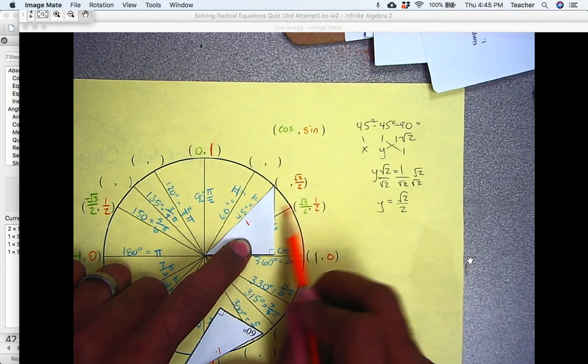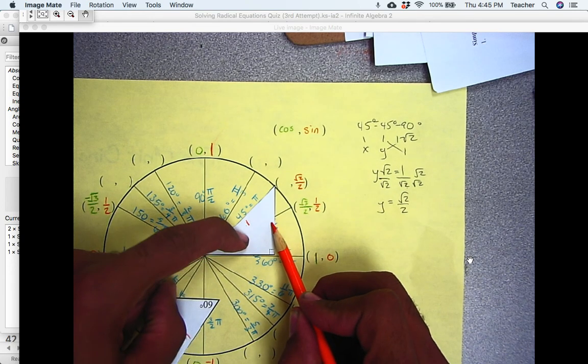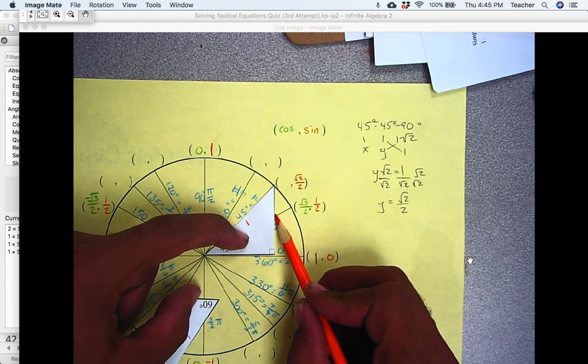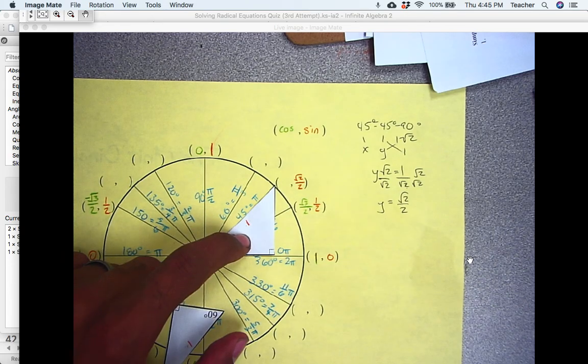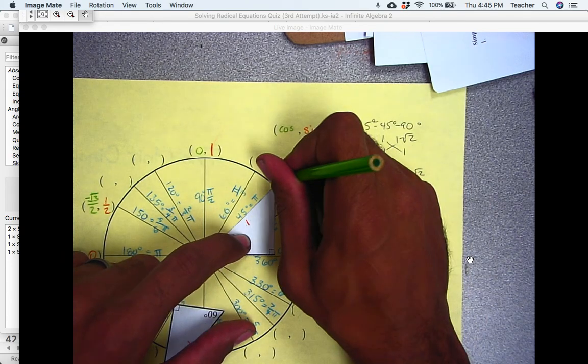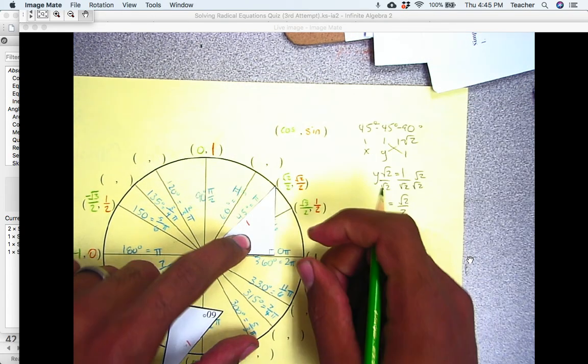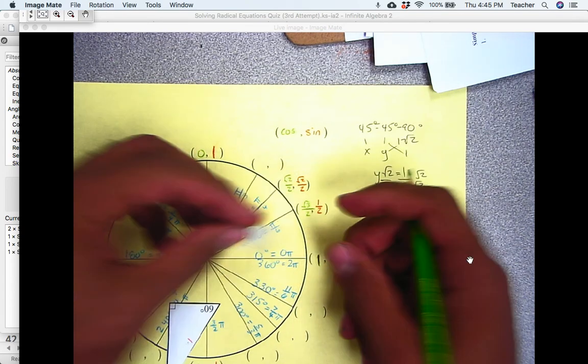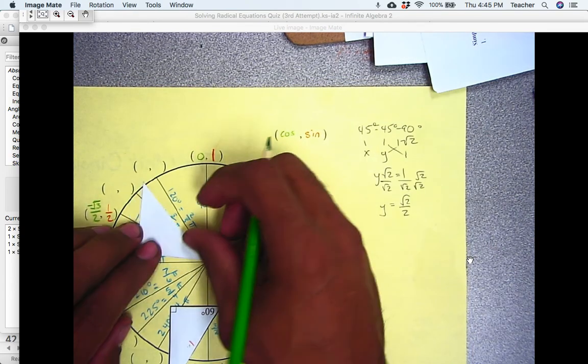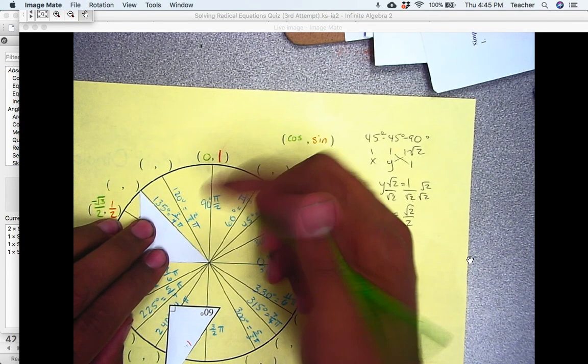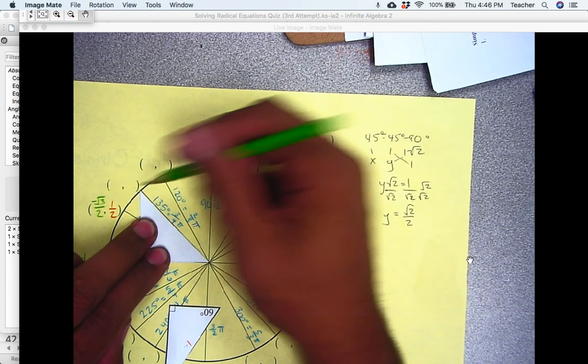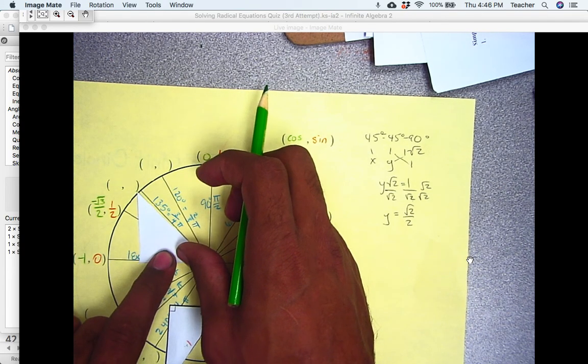Now we know with 45, 45, 90 triangles that if this side is rad 2 over 2, then this side must also be rad 2 over 2. They're the same. Now if I go to the other side, let's flip this triangle around. From the origin to this point, again, same triangle.